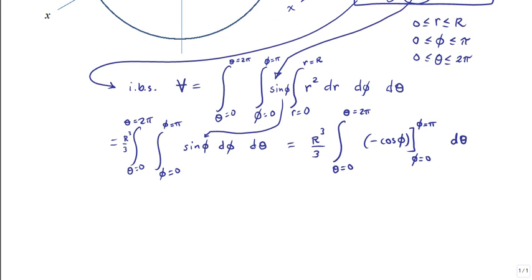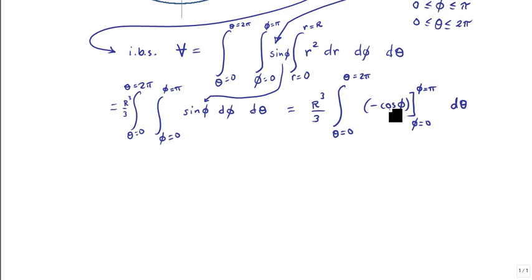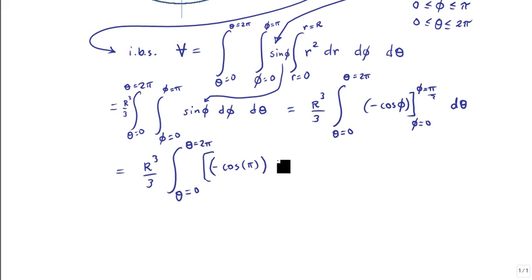Let's put the limits of integration in: we get R cubed over 3 times the integral, theta from 0 to 2 pi, of minus cos of pi minus a minus cos of 0.